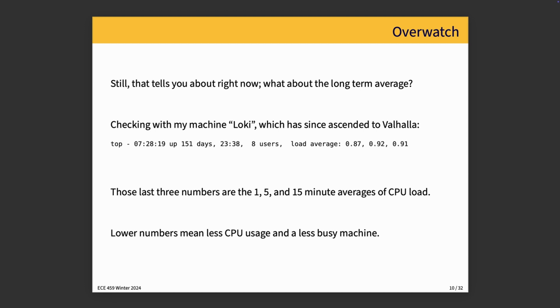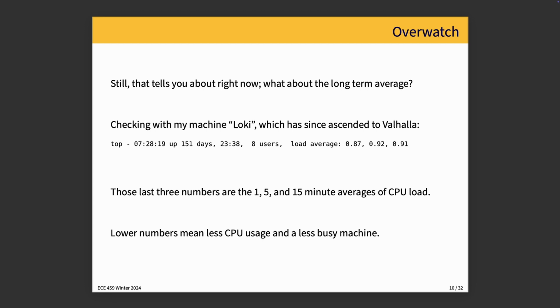The last three numbers there are the 1, 5, and 15-minute averages of CPU load. You can look at the immediate CPU load, but that's kind of spiky. These averages give you a better idea of what's going on.